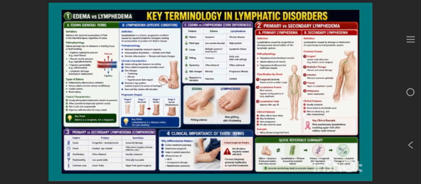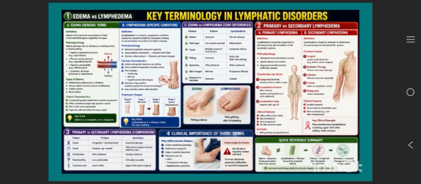Second, often symmetrical, especially with systemic causes. Third, the skin is soft and compressible. Fourth, it improves with elevation in many cases. These are the 4 clinical characteristics of edema.